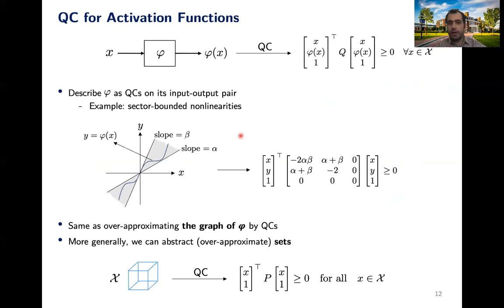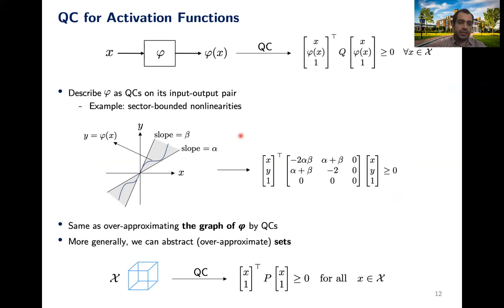Let me start by explaining how we actually do this quadratic constraint abstraction for the neural network, starting with single activation functions. For a nonlinear function phi, we describe this function by the quadratic constraints that it imposes on its inputs and outputs.